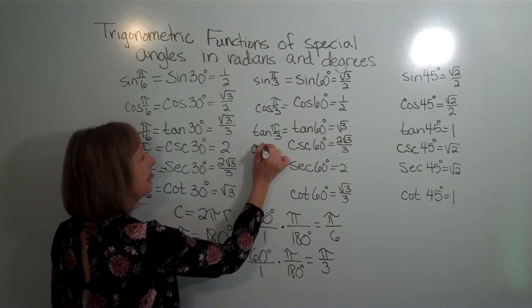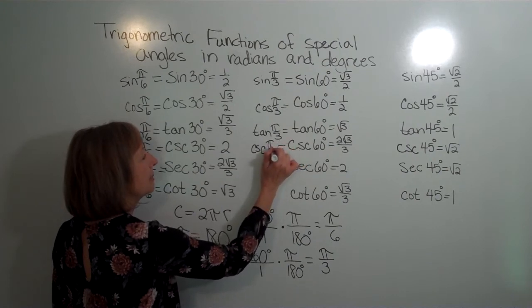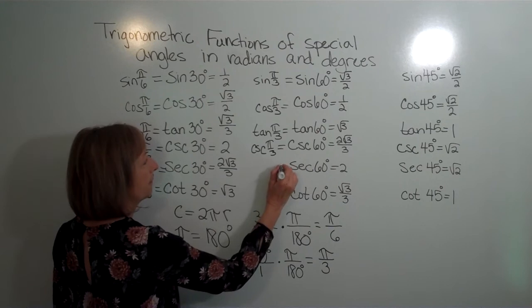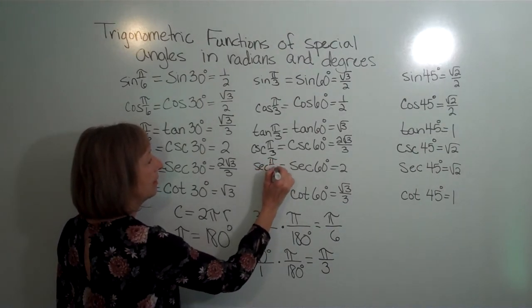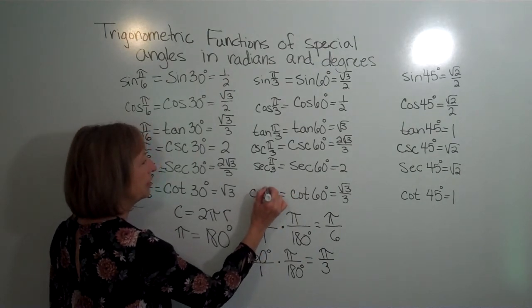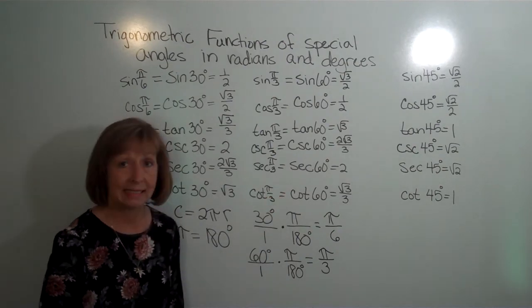The cosecant of pi over 3 is the same as the cosecant of 60 degrees, which is 2 times the square root of 3 over 3. And then the rest of the way down, the different trig functions of that pi over 3 angle, which is also the 60-degree angle.